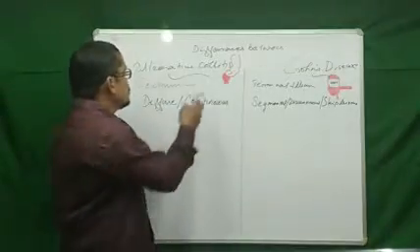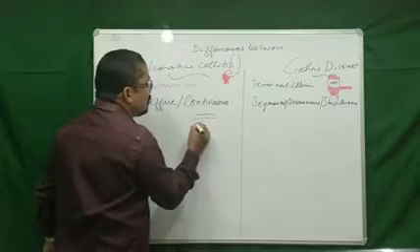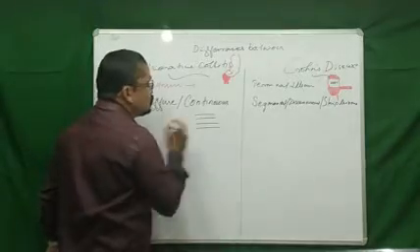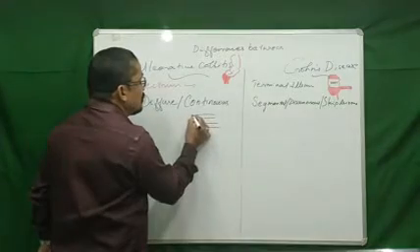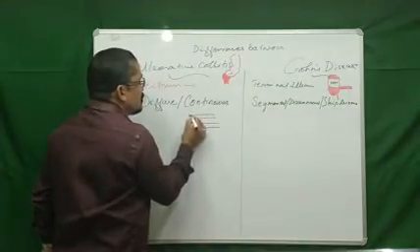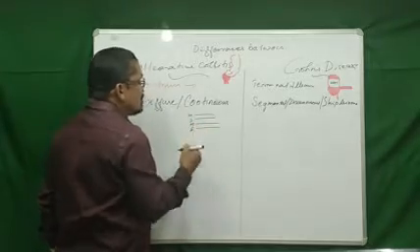And about the nature of affection. In ulcerative colitis, the inflammation will usually result in superficial involvement. The layers are mucosa, submucosa, muscularis, and then serosa.